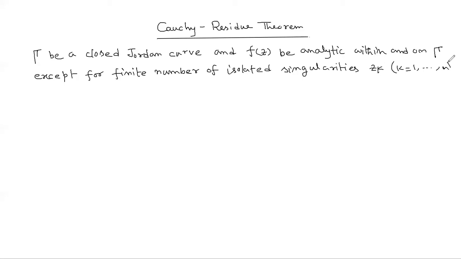So there are n number of isolated singularities in I(gamma). I(gamma) means interior of gamma.